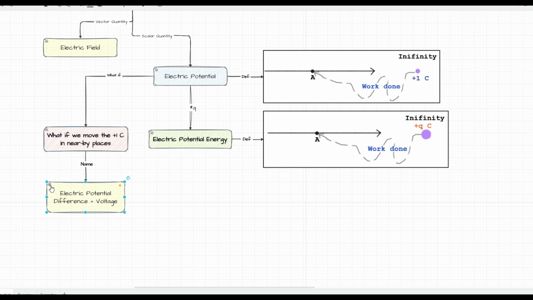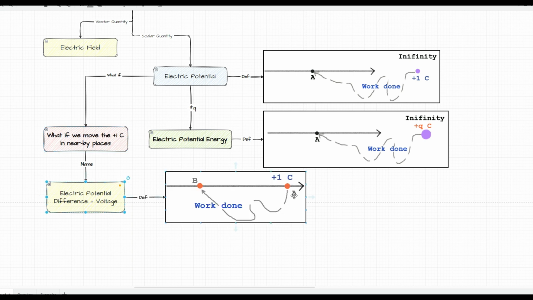So what is voltage? Same funda, just that the other point is nearby. In this case we are moving the charge from point A to point B, whereas before we moved from infinity to point A. So just a name that I've changed. But we are moving a positive charge, which is 1 coulomb, from point A to point B. So this would be the potential difference between A and B.